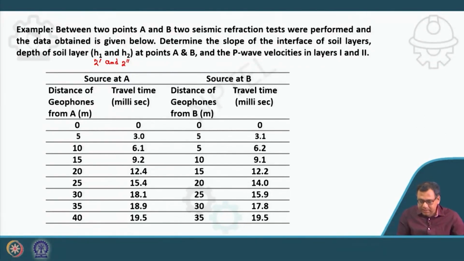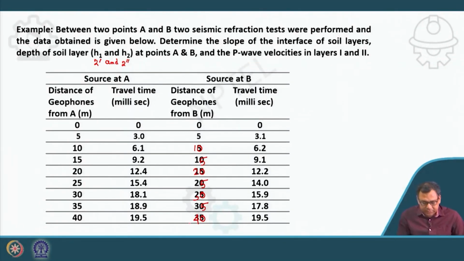Okay, you can see here the initial part is the same, up to 20 meter. This is 10, this is 15, this is 20, this is 25, this is 30, this is 35, this is 40.